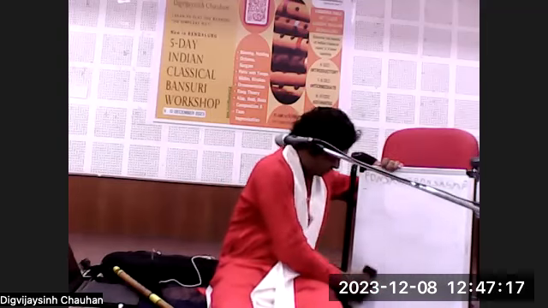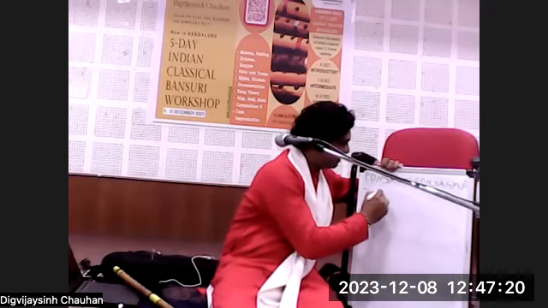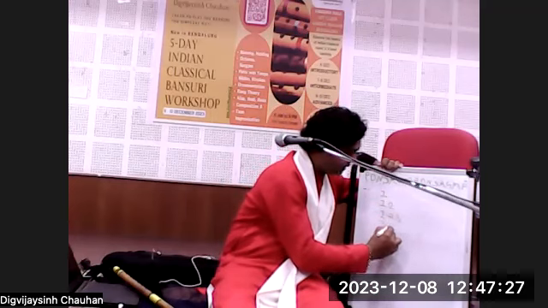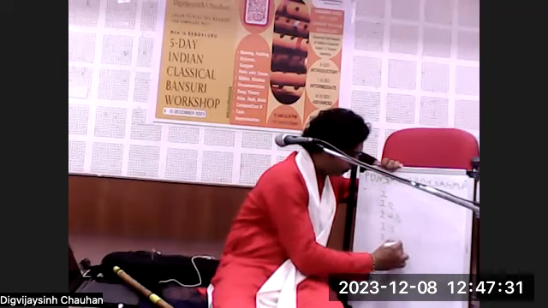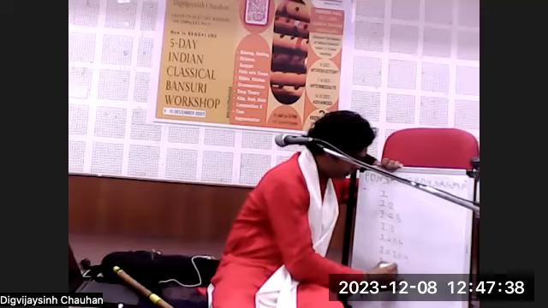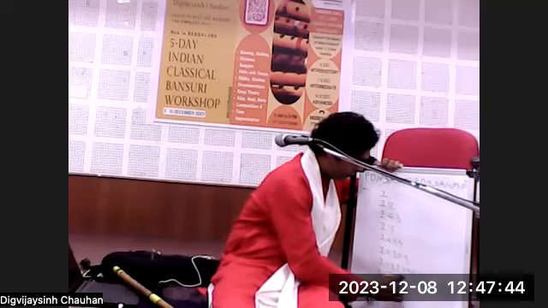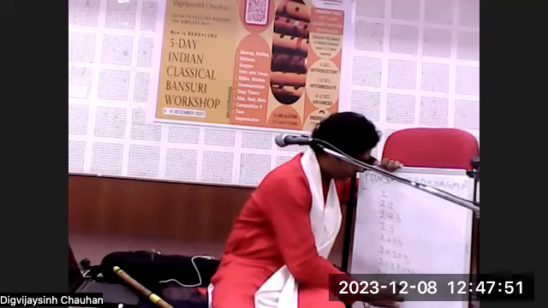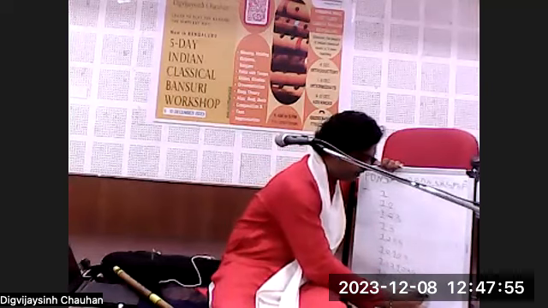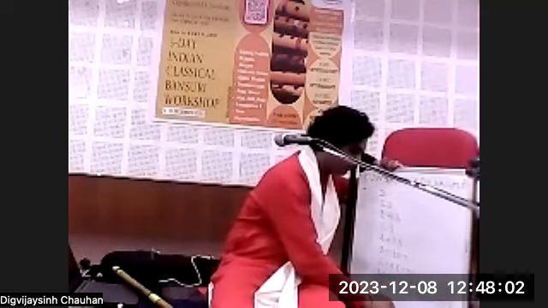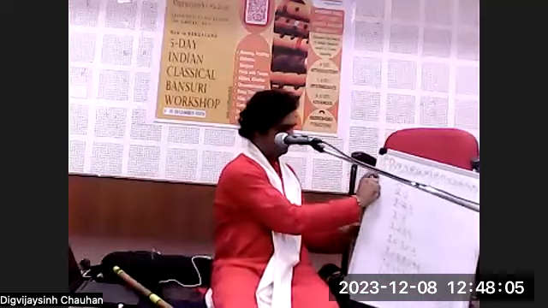What are the Alankars? First is 1, another is 1, 2, then 1, 2, 3, then 1, 3, then 1, 2, 3, 4, 1, 2, 3, 4, 5, 4, 3, 2, then 1, 2, 3, 4, 5, 6, 7, 8, 9, 8, 7, 6, 5, 4, 3, 2.